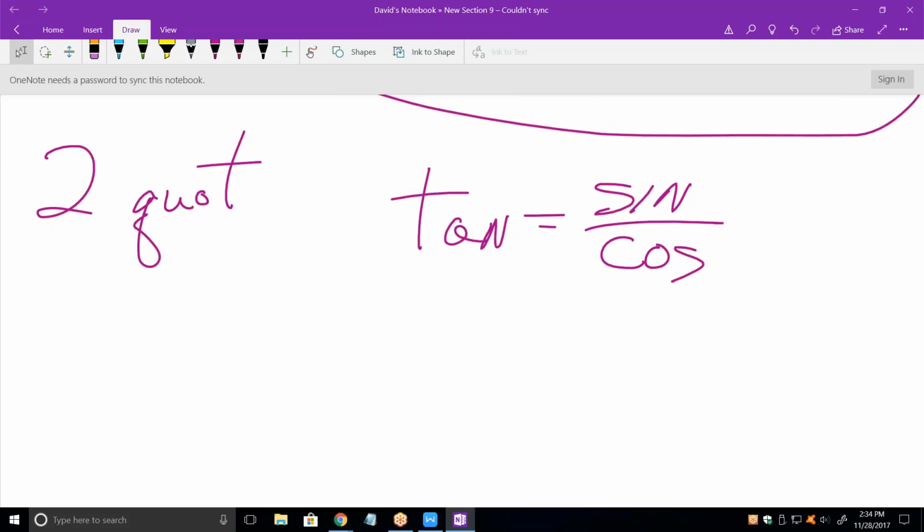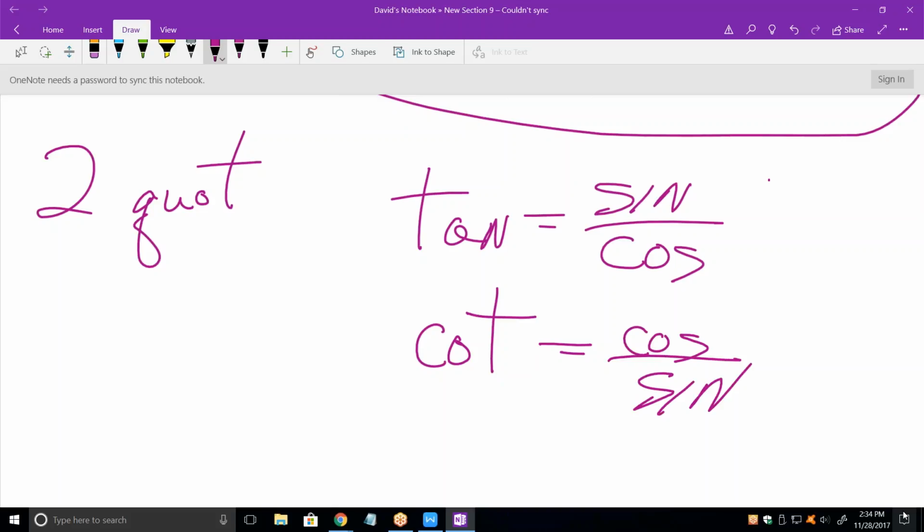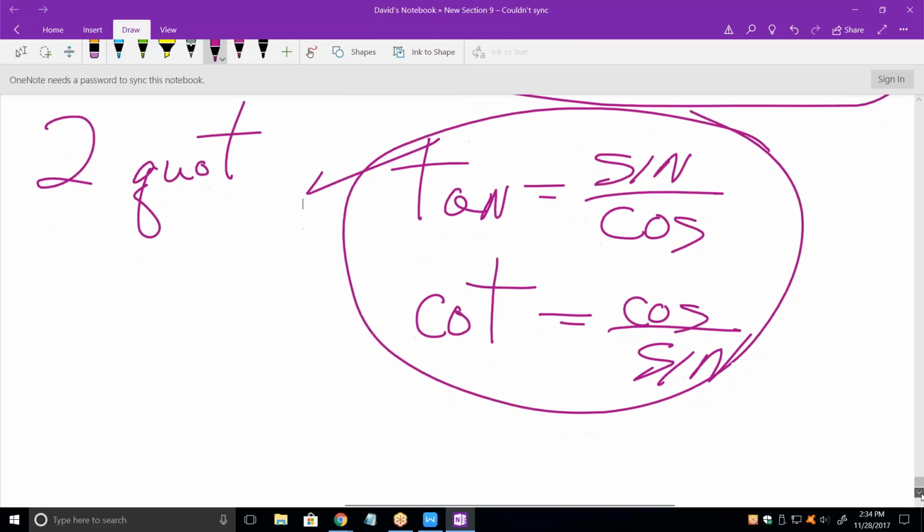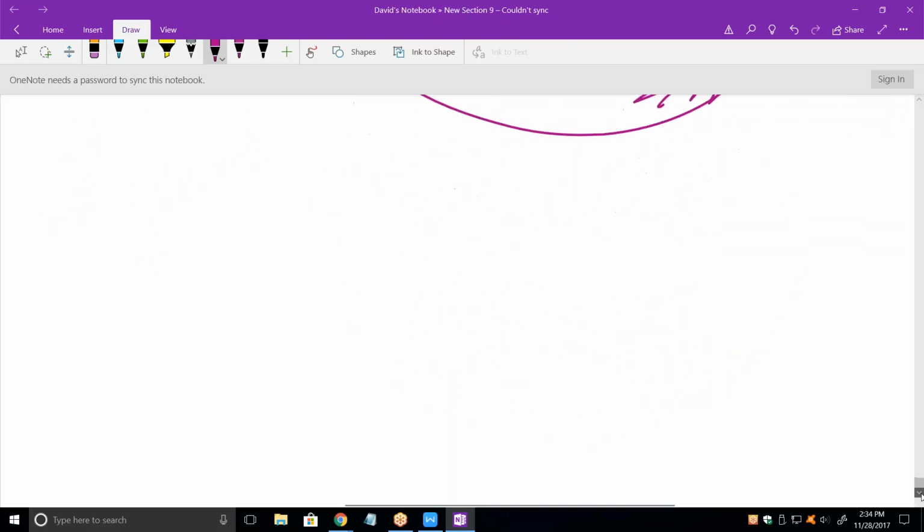You've got to memorize that. But they also want you to know what cotangent's equal to. I don't have to memorize this one. If I know the first one, I know what cotangent is. What's cotangent? Cosine over sine. Okay. There's another case where we've memorized 2 of them by only memorizing 1. And finally, you've got the 3 Pythagorean, making 11 total. You've got 6 reciprocal, 2 quotient, and 3 Pythagorean.